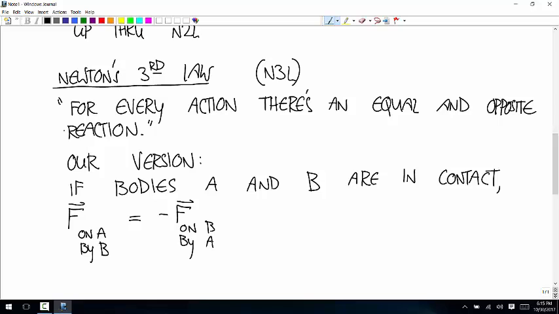And that's in every case. It's always true. And it's a very useful law, especially in engineering. We'll see a couple of problems where it's useful to us. I think it's probably more useful as just a principle.